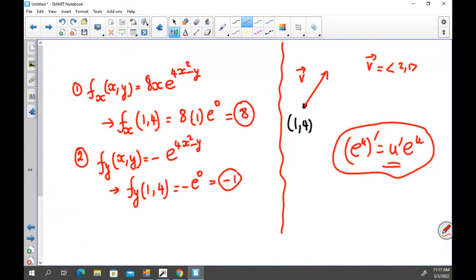What's the next one? Anyone remember? Multiply by the vector, the dot product with the vector. But before this, we need to do something with the vector.